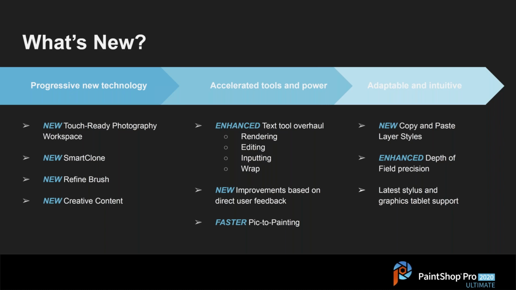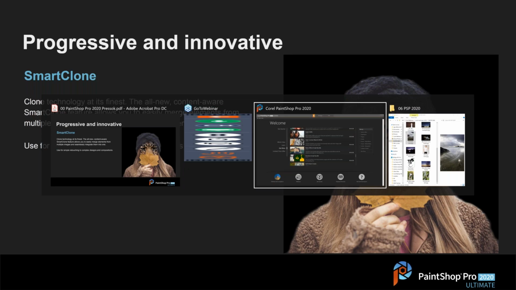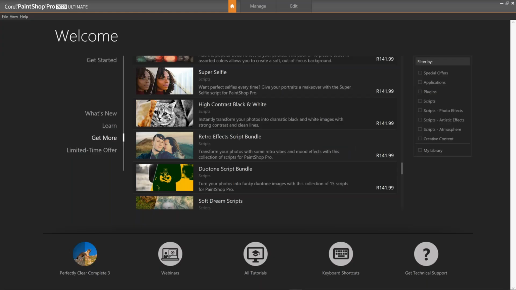So the very first tool set that I'd like to discuss with you is the clone subset. I'm going to hop over to Corel PaintShop Pro here, and we're going to basically talk through some of the tools. Now, one of the things that I quite enjoy in PaintShop Pro is the different possibilities with regards to the actual arrangement of the panels, what we call workspaces, of course.